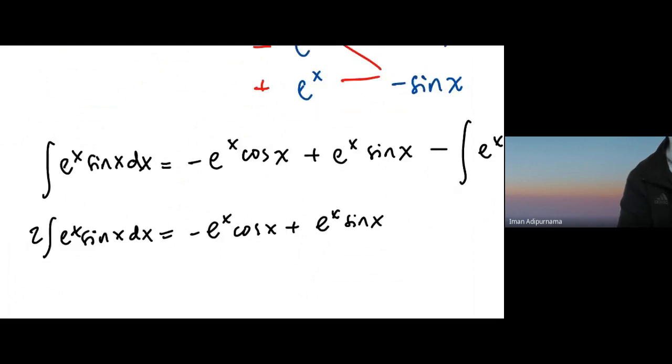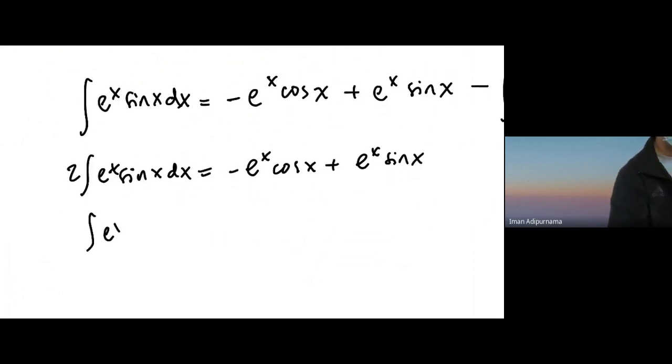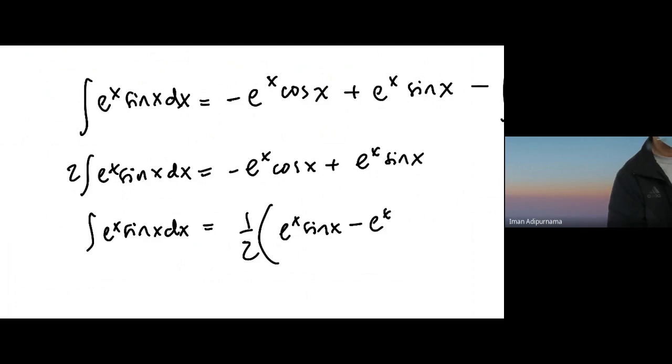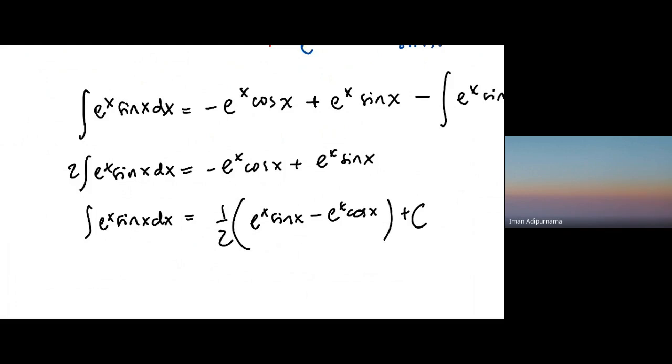Don't forget, later you need to add plus C. And this becomes 1/2, let's write positive first and then negative, plus C. So we can still use the DI method. Integration by parts is by far the most commonly used, so most integrations you can solve through integration by parts.